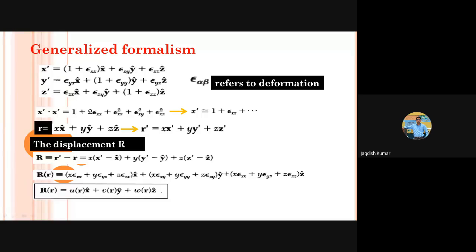So what does U contain? U contains the net displacement, or net X component of the displacement, which is coming from all these. Then V contains the Y component of the displacement, W contains the Z component of the displacement. Now, from here, if we use this form, UVW are not at all defined.